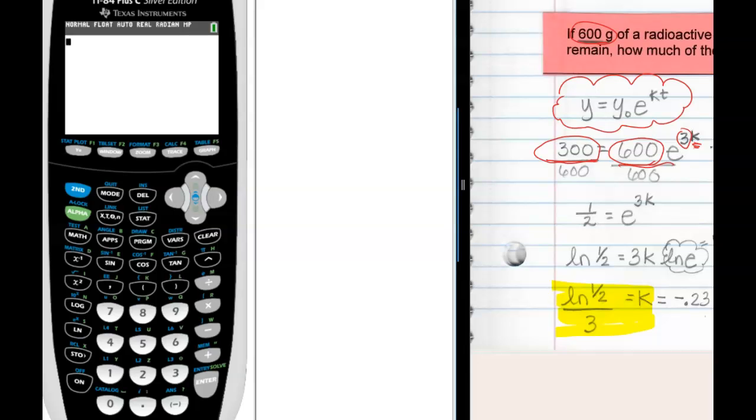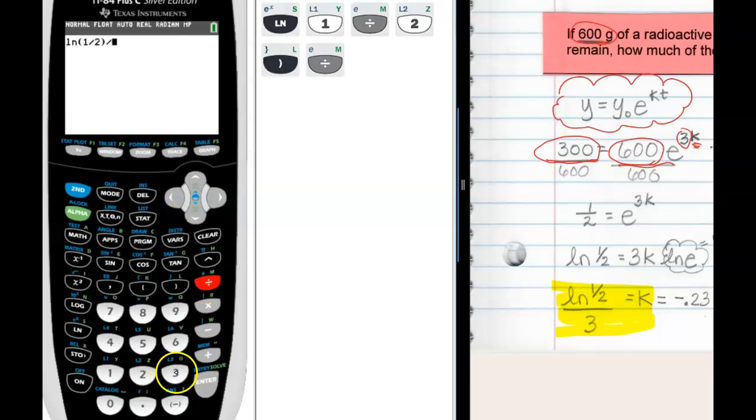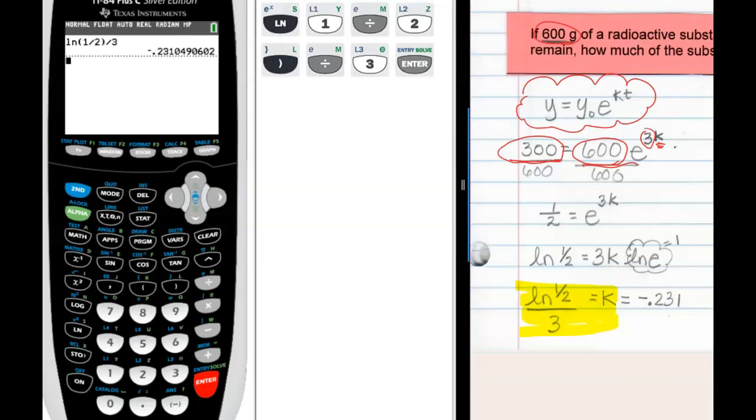I've highlighted what I need to find in my calculator, so I'm going to find the natural log of 1/2. And notice I close my parentheses, and then I divide by 3. That will give me the value of k, and we can see that I have estimated the value of k to be negative 0.231.